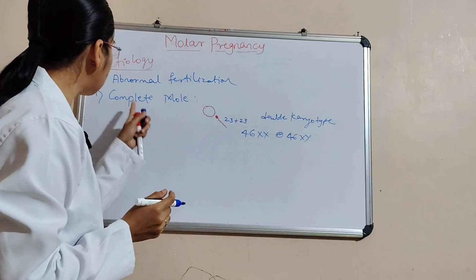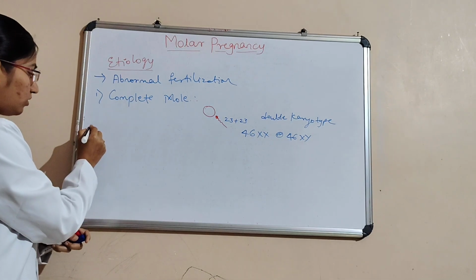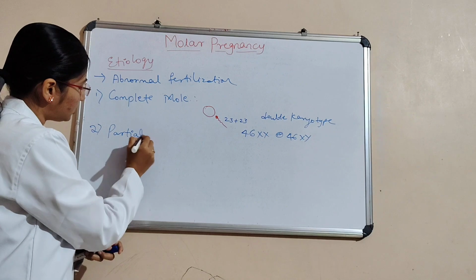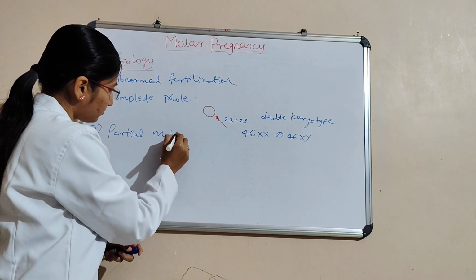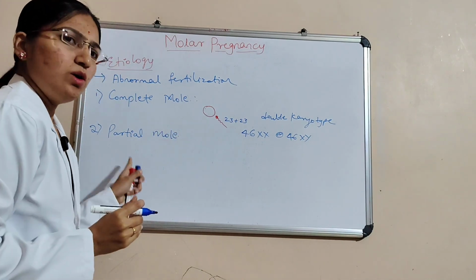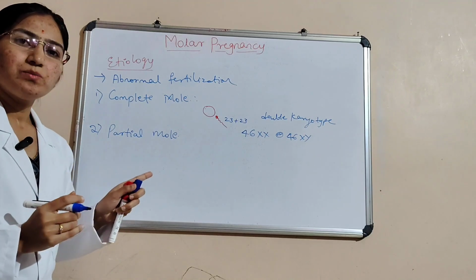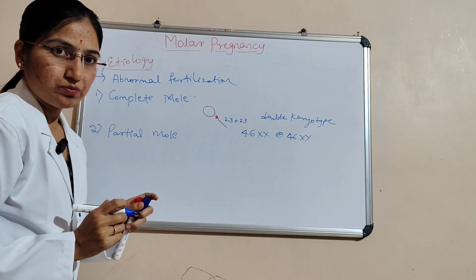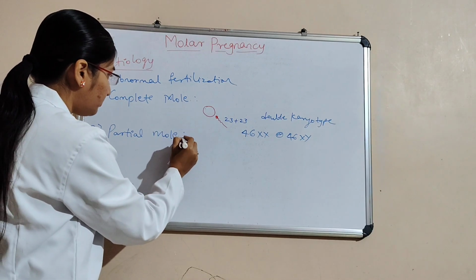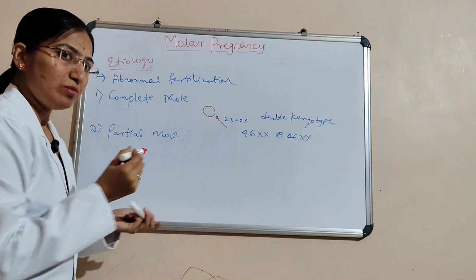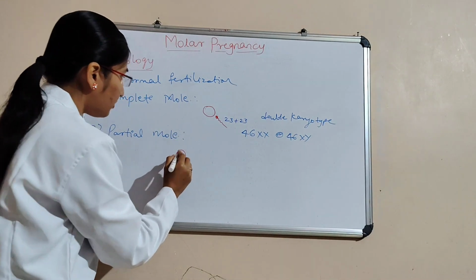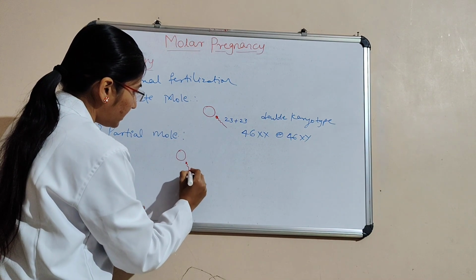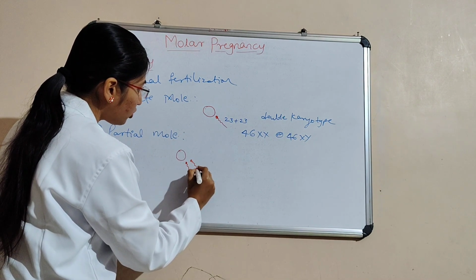Next we'll see partial mole. Here fertilization takes place by two sperm chromosomes, and a normal egg, a normal ovum, will be present, and it gets fertilized by two sperm chromosomes.